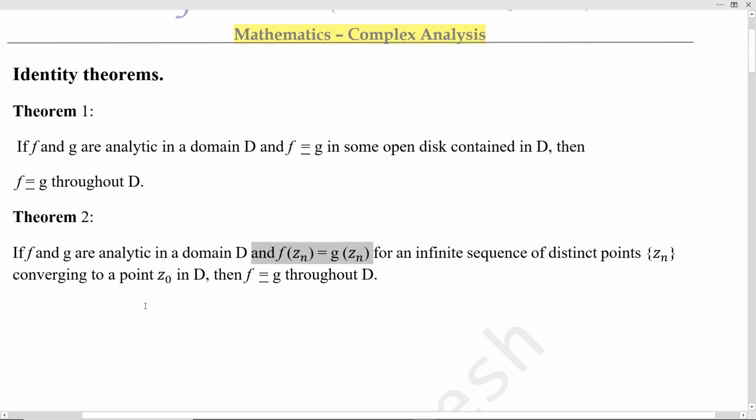Then, one more important condition is that the sequence of distinct points must converge to a point z0. That z0 must be in D. This point is very important: z0 must be in D. Then the two functions are identically equal throughout D. Throughout D means for all the points in D.